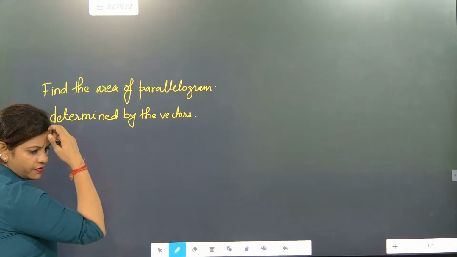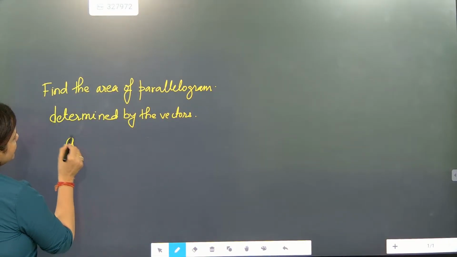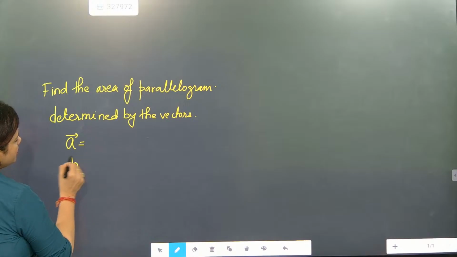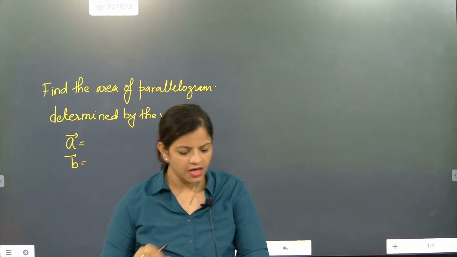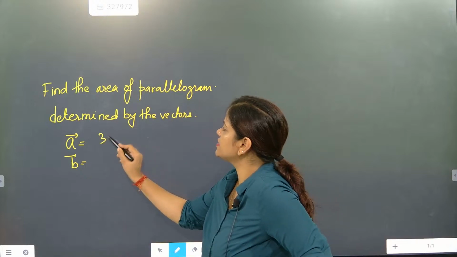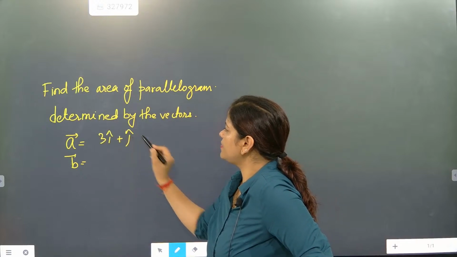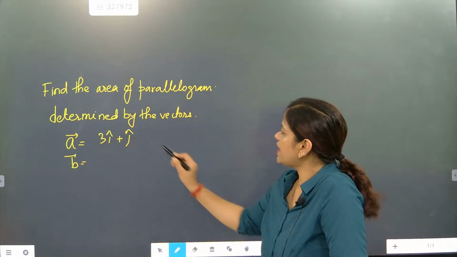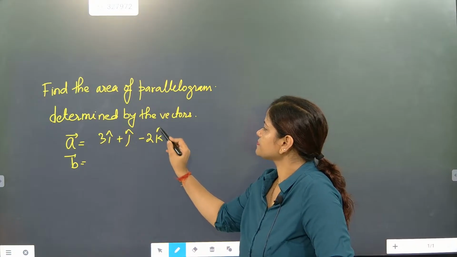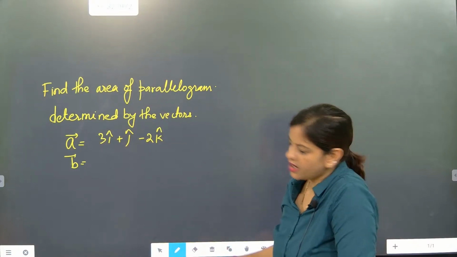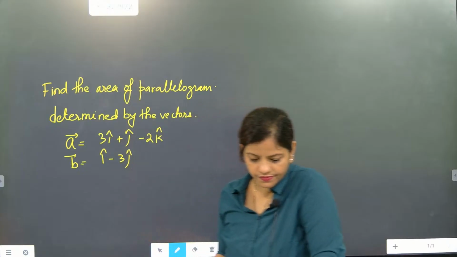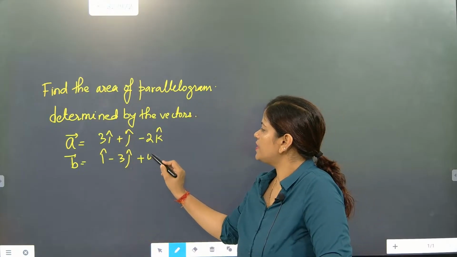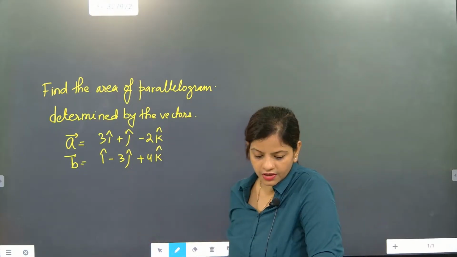So determined by the vector A vector and B vector. A vector is coming as 3I plus J minus 2K. And second part is I minus 3J plus 4K. Done?